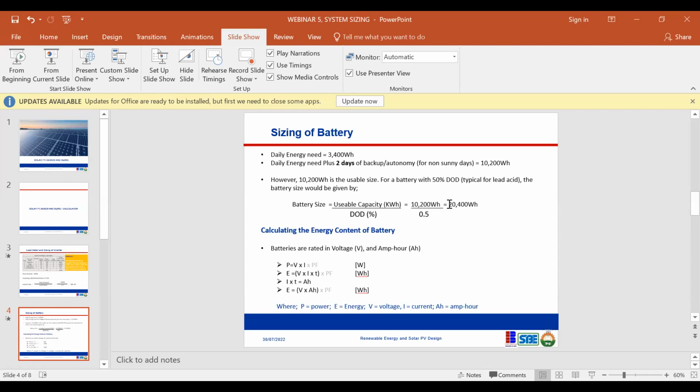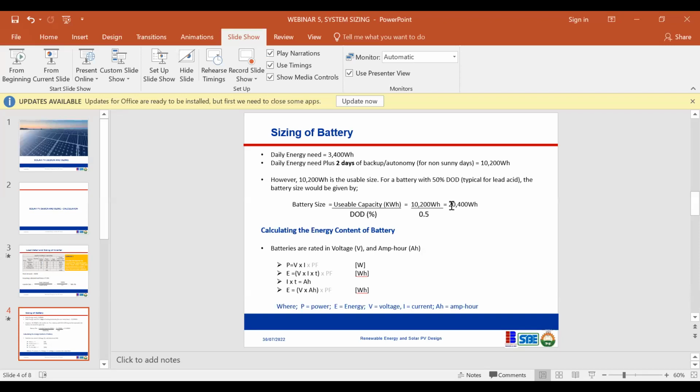Okay. So now, when you go to the market to buy batteries, you're not going to see the ratings on the battery as watt-hour or kilowatt-hour. In some cases, though, you will find them. Most modern lithium-ion batteries that come in a kind of rack, they will state it in kilowatt-hour.